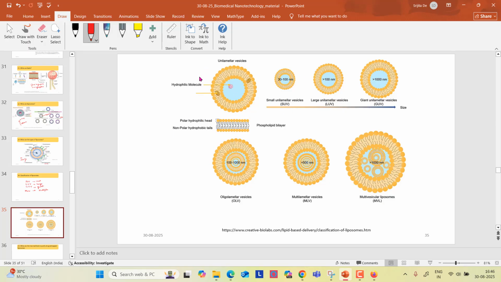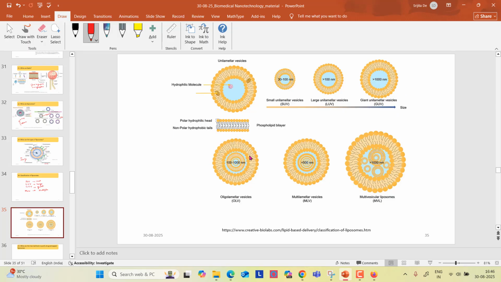When this layer is single and has small size, it is called small unilamellar vesicle, and the range of this liposome is 30 to 100 nanometer. The second one is a little bit larger, where the diameter of the liposome is greater than 100 nanometer, and when the diameter is even bigger, it is called the giant unilamellar vesicle, and the size is more than 1000 nanometer.